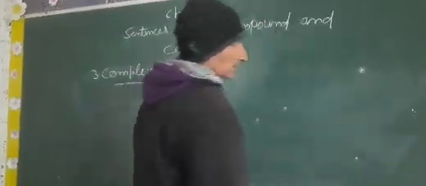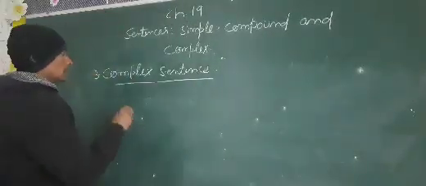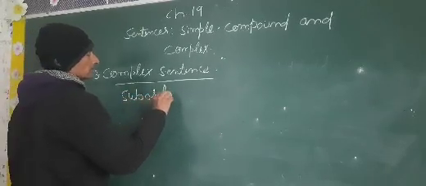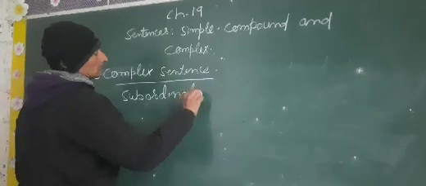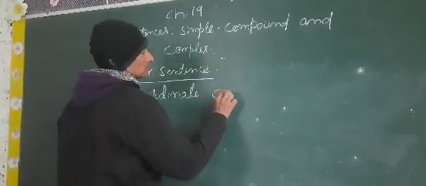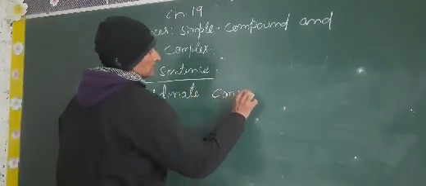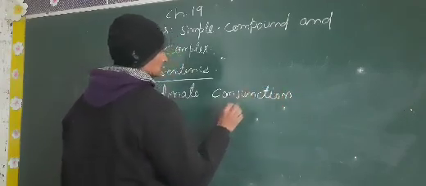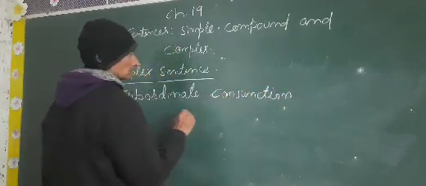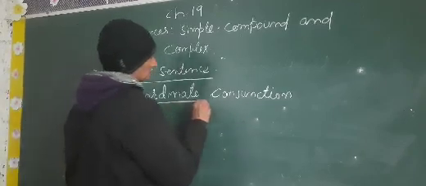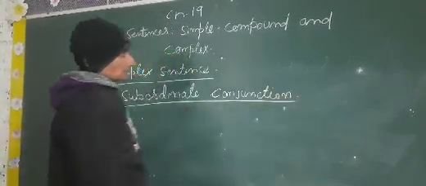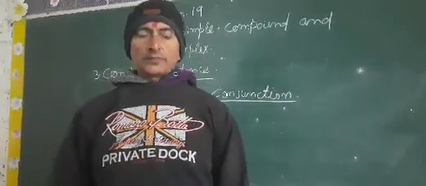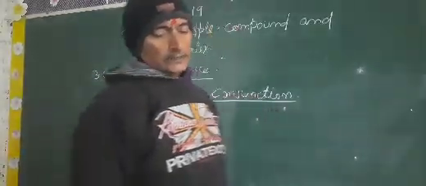Now I will tell you about subordinate conjunctions. Some conjunctions we use in complex sentences are that, if, and so on.